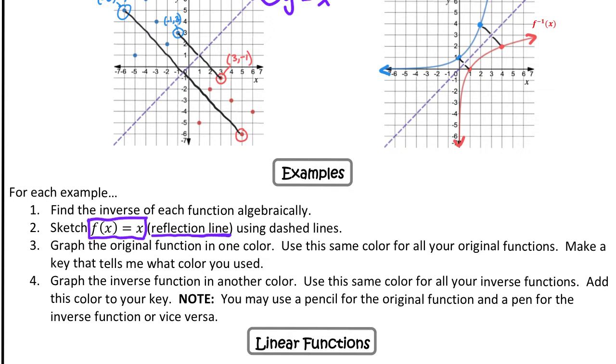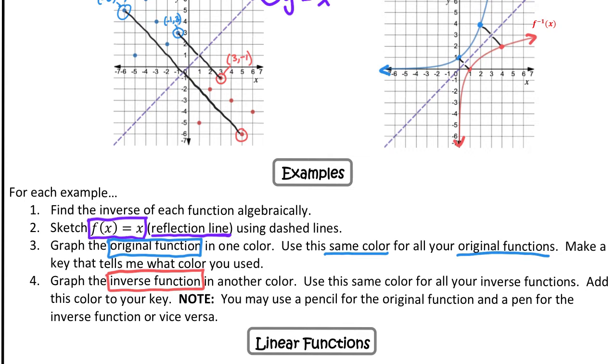Okay, then we're going to graph the original function, and I like to use blue for the original, and then we're going to graph the inverse function, and I like to use red. And keep in mind, use the same color for your originals.